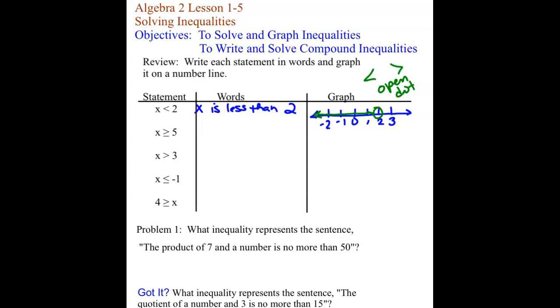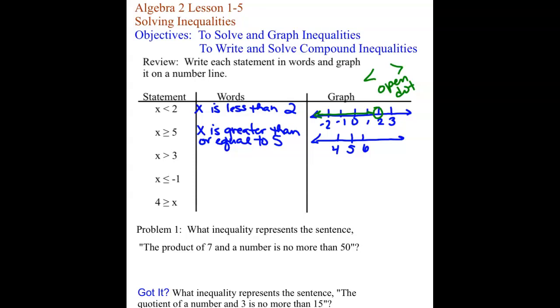on our number line. Our second one would be written out as x is greater than or equal to that 5. So on our graph, we want our x value to be 5 or something bigger.